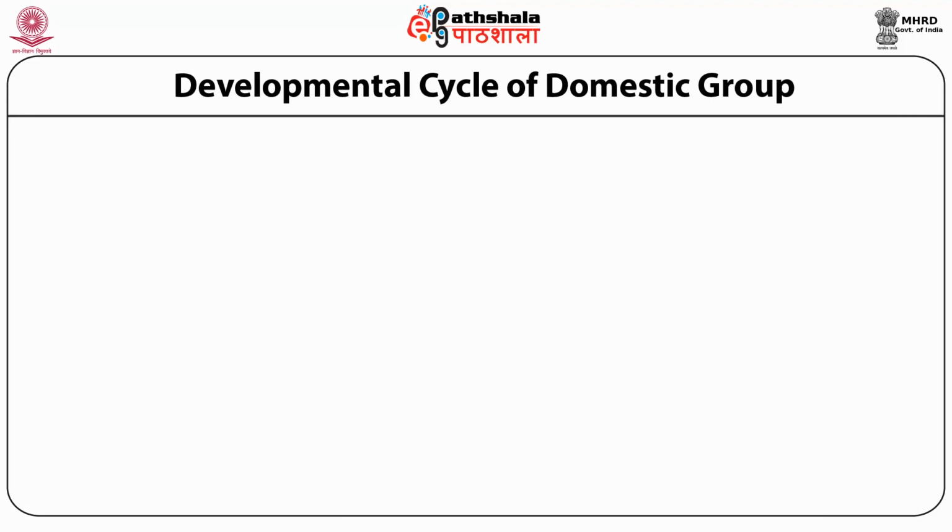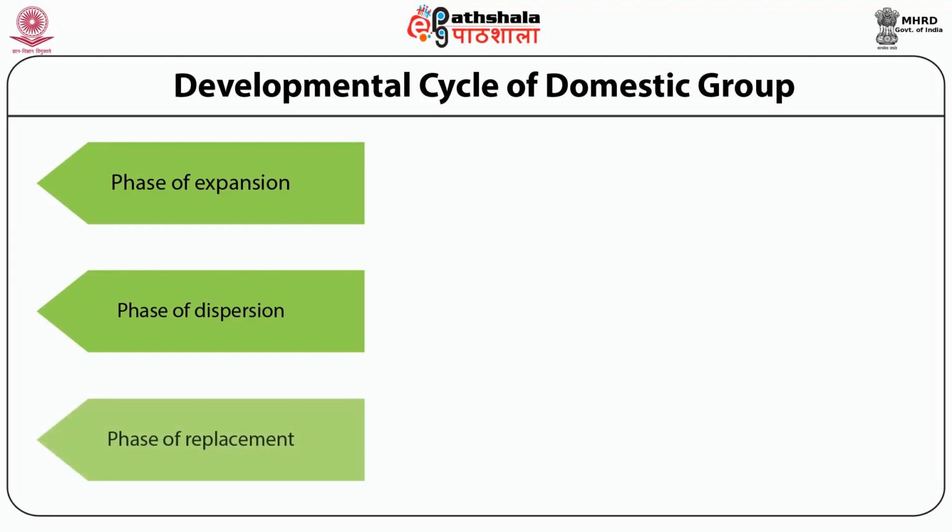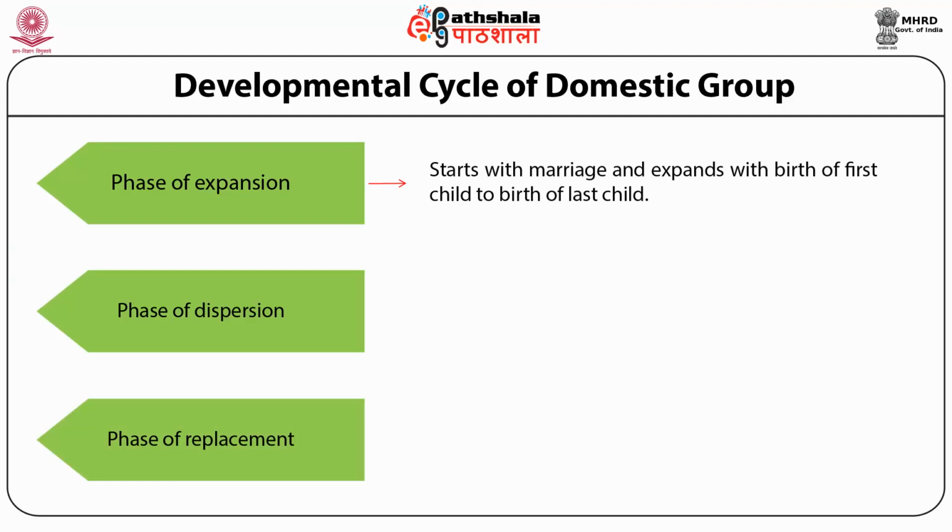Developmental cycle of domestic group. There are three phases wherein the domestic group develops. The first phase is expansion, the second is dispersion, and the third is replacement. The phase of expansion starts with marriage and expands with the birth of the first child to the birth of the last child.